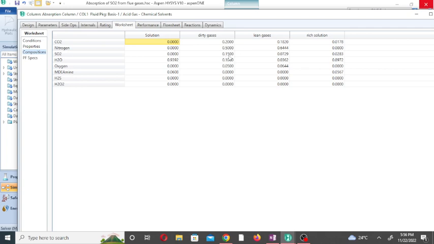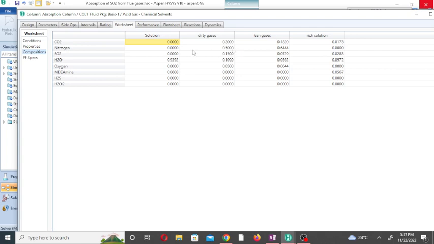So this is about 50% or 53% sulfur dioxide removed from the flue gases. I am checking whether it is 50% or 53%. 0.1500 minus 0.0729, you can check it in your calculator, divided by 0.1500. So it is 51%. About 51% sulfur dioxide is removed.